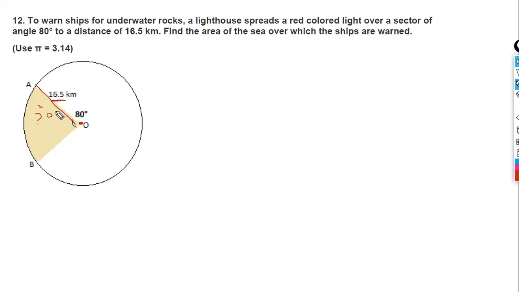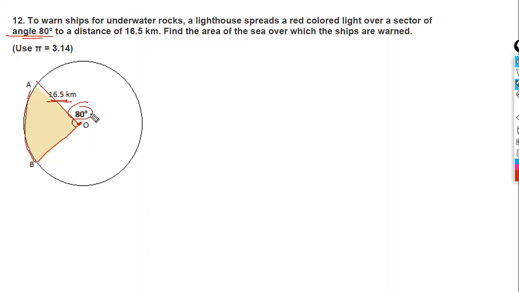Now the lighthouse can spread the light up to a length of 16.5 kilometer and at an angle of 80 degrees. So the light can spread from A to B like this, and you can see this is forming a sector of angle 80 degree.